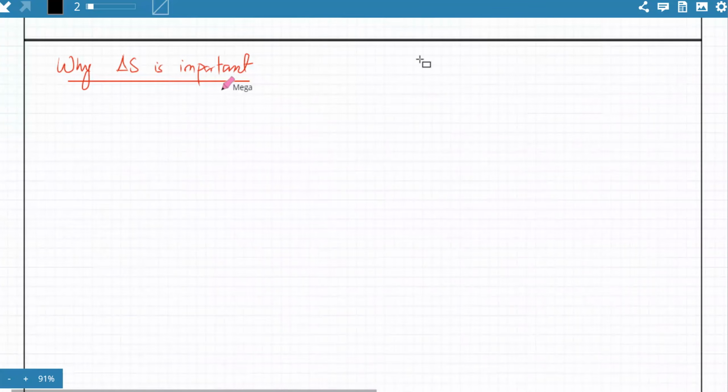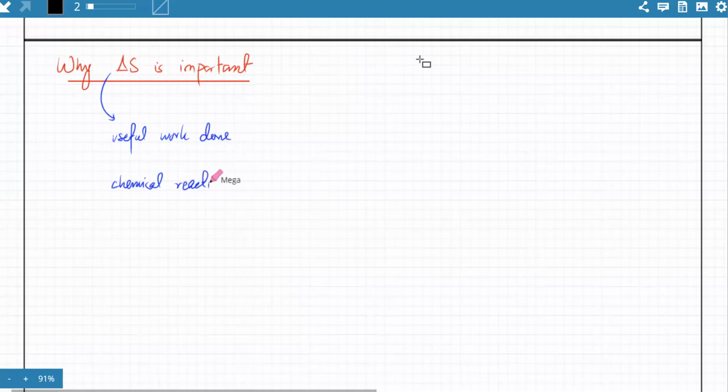That's a very important question. Now the thing with delta S is that delta S is related to useful work done. Whenever you have a chemical reaction that's happening, any chemical reaction, it does two things.